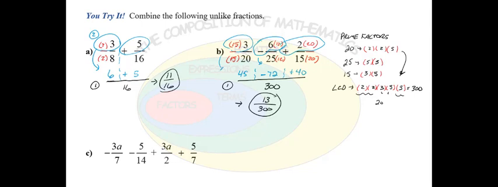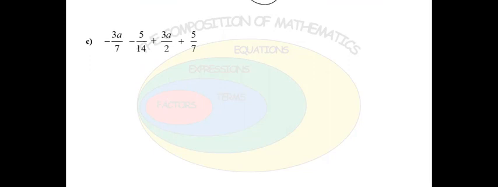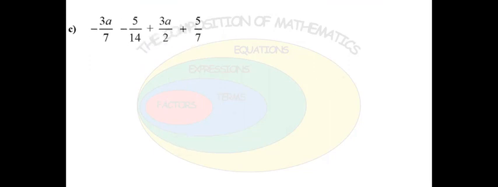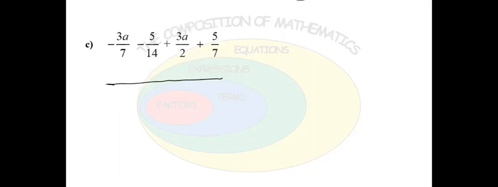Okay, finally our last problem. The common denominator in this case would be 14. So we can just do that by inspection. The 14 is the highest number. 7 and 2, the other denominators, both divide into 14. So here we got our common denominator of 14.